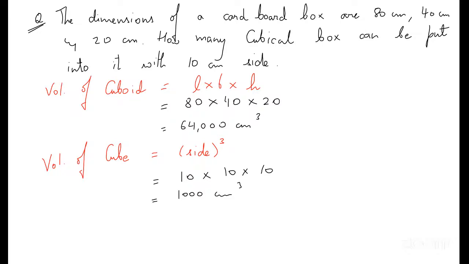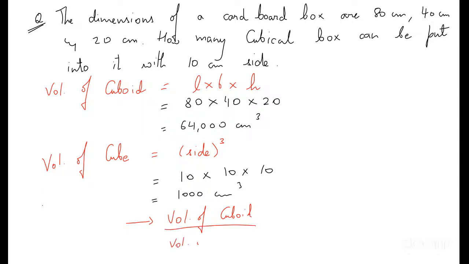Now to find out how many cubes of this dimension can be put into this volume, we will divide the volume of cuboid by the volume of cube. So let's divide it. 64, right?